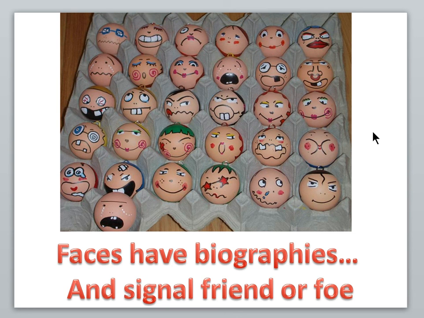Other features of faces like eye gaze can help us make inferences about other mental states like desire and what they're thinking about and what their intentions might be. So faces are a rich source of information. So we would predict that in the brain, the areas of the brain that are processing faces are going to be hooked up to other areas in the brain to help extract all of the rich information that we can get from a face.